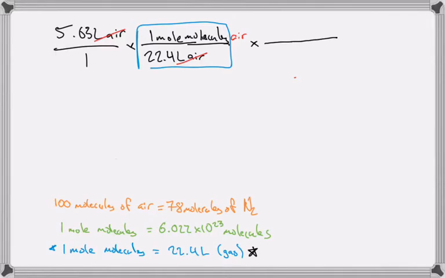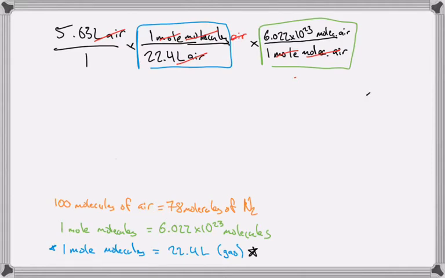So the next thing we need to do is go from moles. 1 mole of molecules of air is equal to 6.022 times 10 to the 23rd molecules of air. Let me go back and make sure that conversion factor was written appropriately: mole molecules of air, mole molecules of air. So that was our green conversion factor.